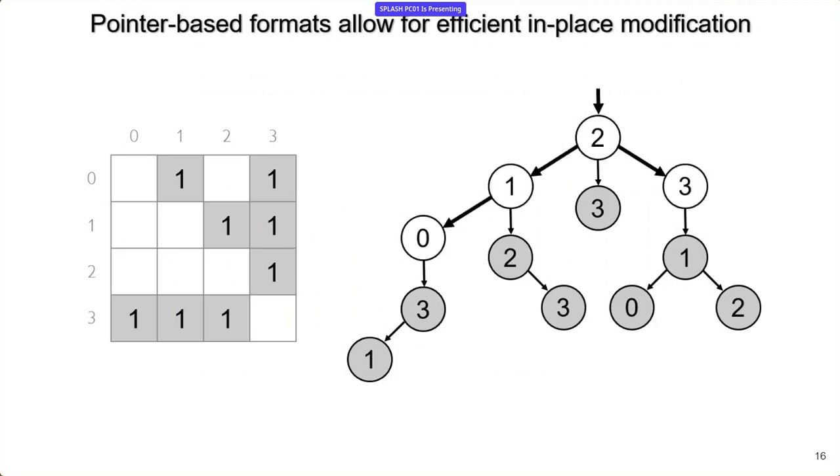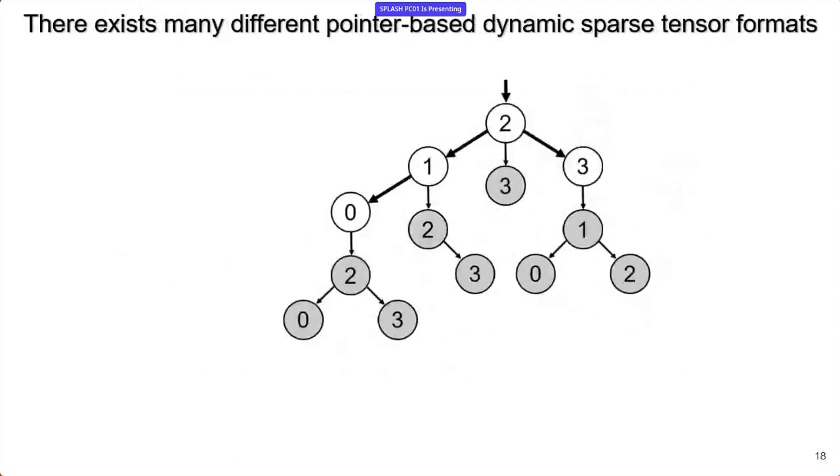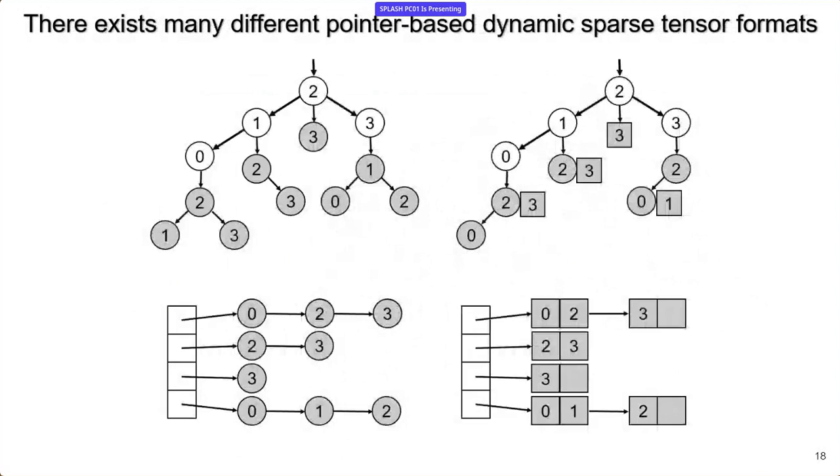So this is the representation of this matrix. Now, if I want to add this one element here, what I have to do is a little bit of local surgery. I'll have to move an edge, add this new edge, and change some pointers in a very small corner to add one element. It's much easier to do that. So here's one representation. Of course, there are many other pointer-based representations; I will get into them and show some pros and cons.